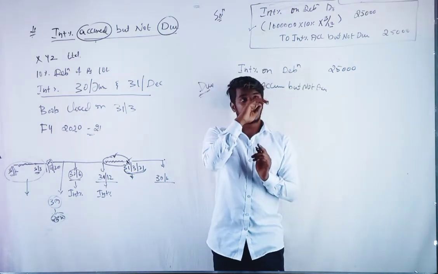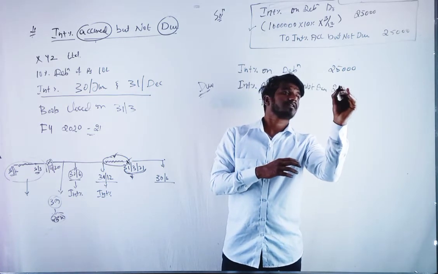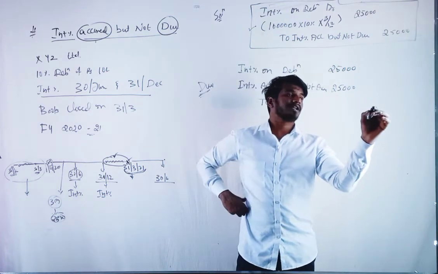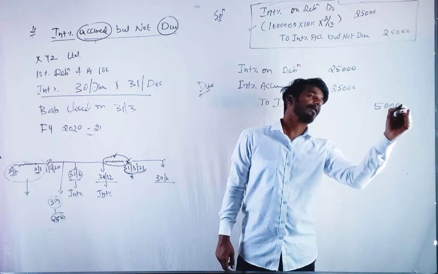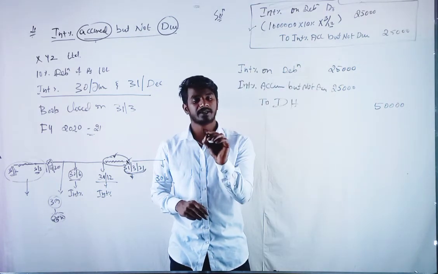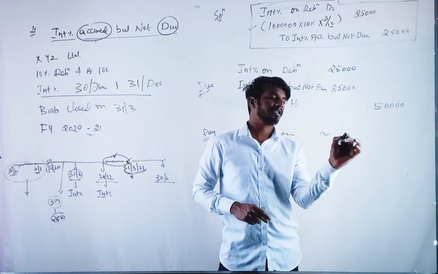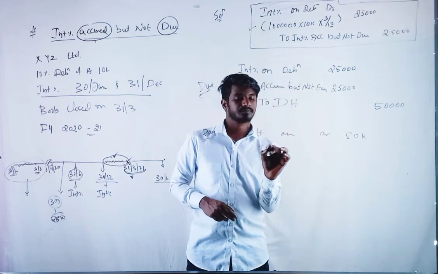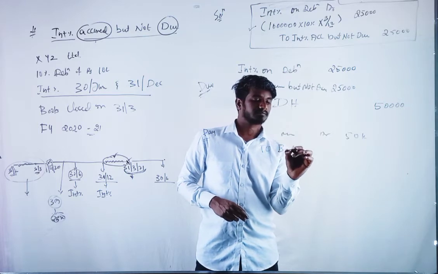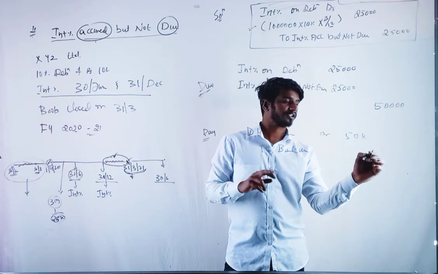Interest accrued but not due, 25,000. To whom will we pay? To debenture holders. And at the time of payment, straight away we will debit debenture holder account, 50,000, to bank account, 50,000.